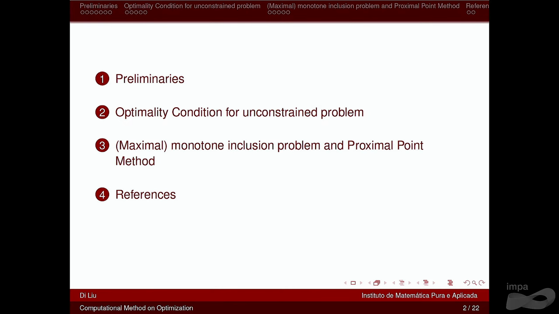Today we will first introduce some preliminaries from the convex analysis, and then we go to the optimality condition for unconstrained problems, and then we will introduce the maximal monotone inclusion problem and the proximal point method, and then I will give you several references to read more.